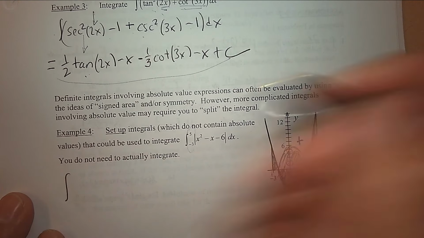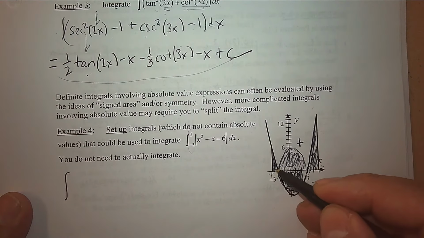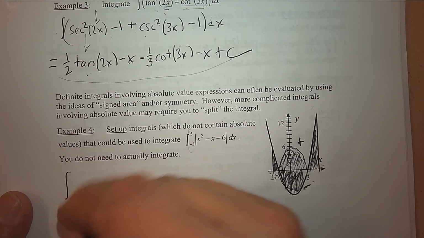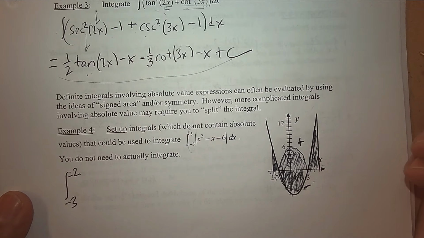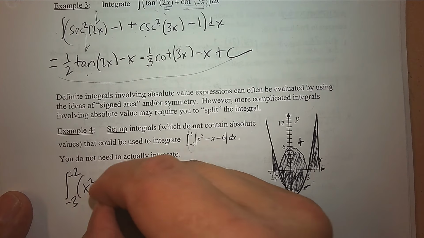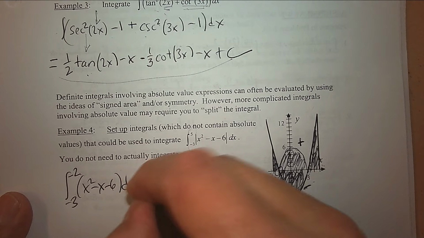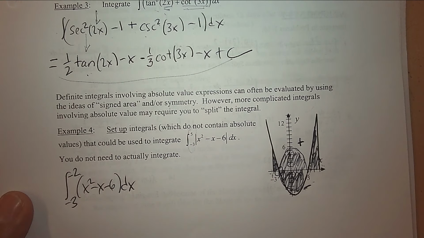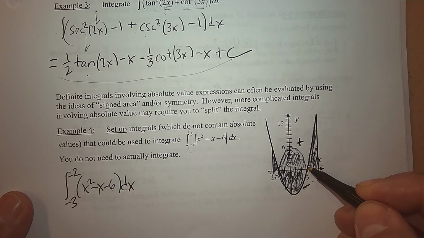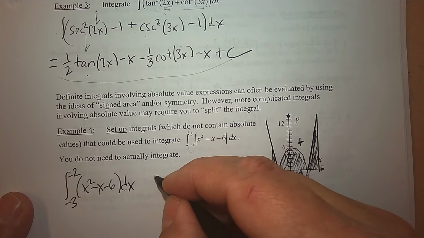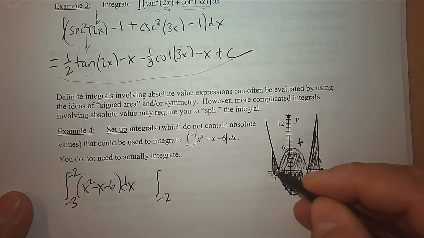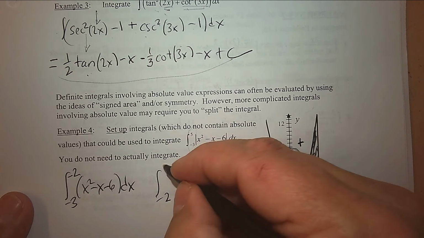First, we're going to integrate from negative 3 to what number? And then we're going to integrate from where to where? Negative 2 to what number? 3.